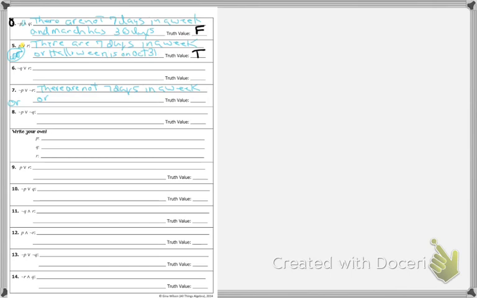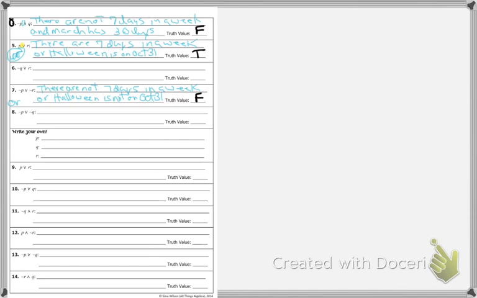So I'm going to say or Halloween is not on October 31st. I've changed both of these from their original truth values, from being true to both being false. The stipulation is that one of them has to be true. None of them are. So, false.